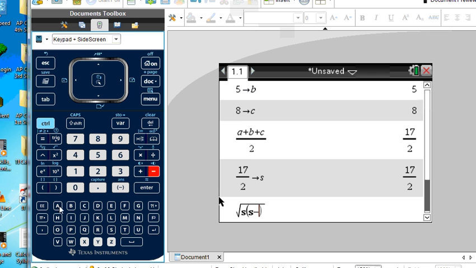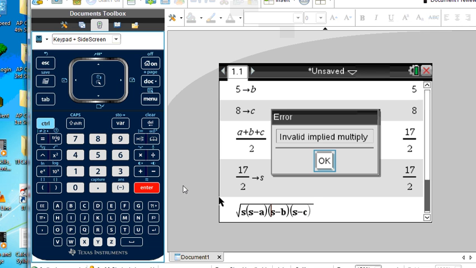S minus A times S minus B times S minus C. So we have everything entered, press enter.